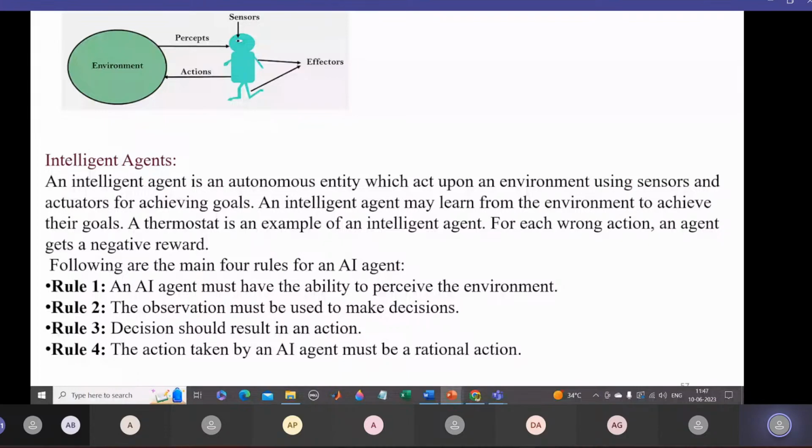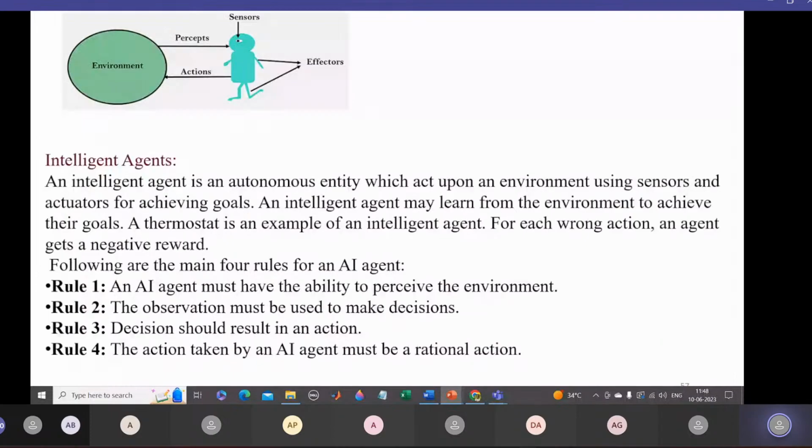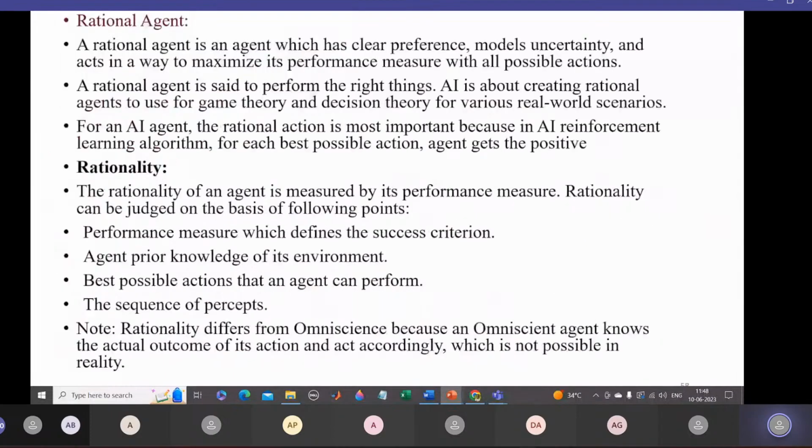And now we have this intelligent agent. Now this is your rational agent. It has a clear preference, models uncertainty, and acts in a way to maximize performance, because rational is doing the correct thing. It can measure the performance of all the actions, so it performs the right things.